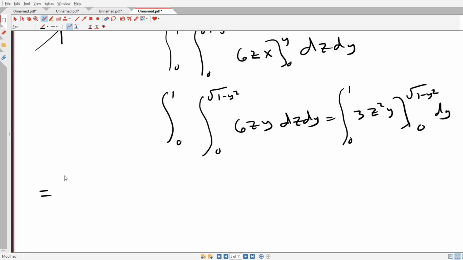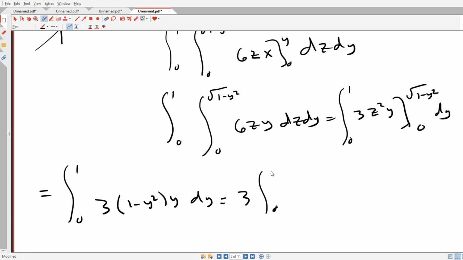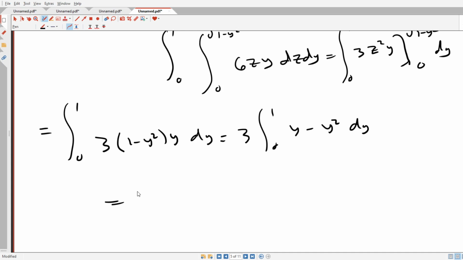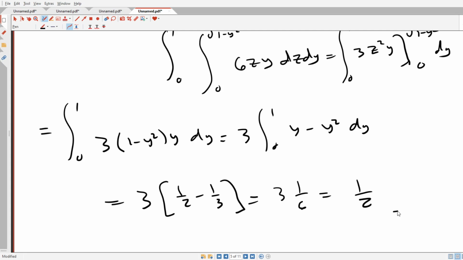Plug that in and we get the integral from 0 to 1, 3 times (1 minus y squared) y dy. So we have 3 integral 0 to 1 of y minus y squared dy, which is 3 times 1/2 minus 1/3, which is 3 times 1 over 6, which is 1/2. Is that right? I hope that's right.